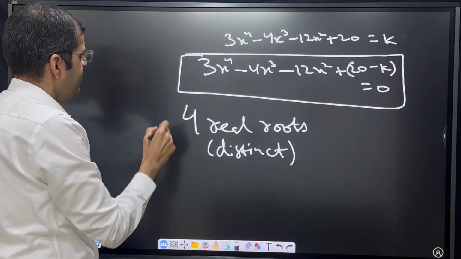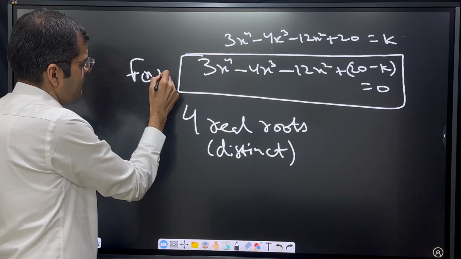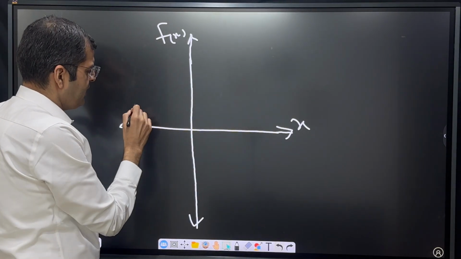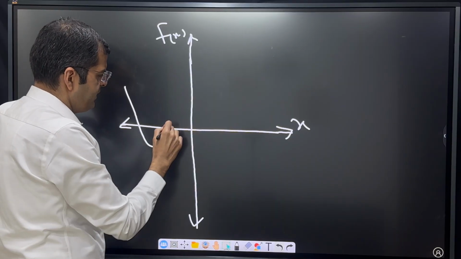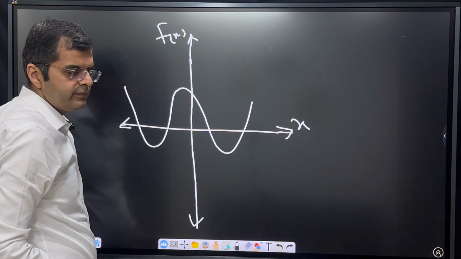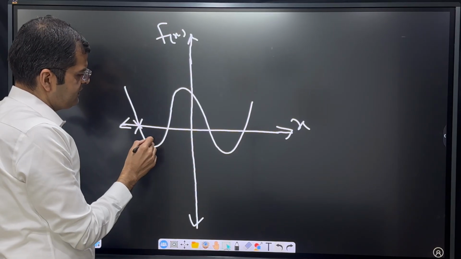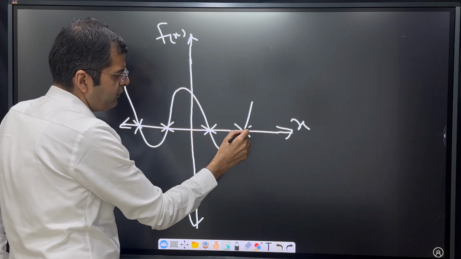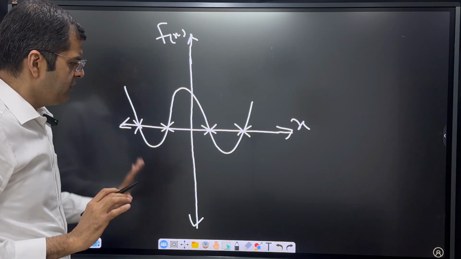Let this be f of x, which is equal to 0. So at 4 distinct places, the graph should cut the x-axis. So the graph should be somewhat like this. This is cutting the x-axis first here, second here, third here, and fourth here. This is one possibility.